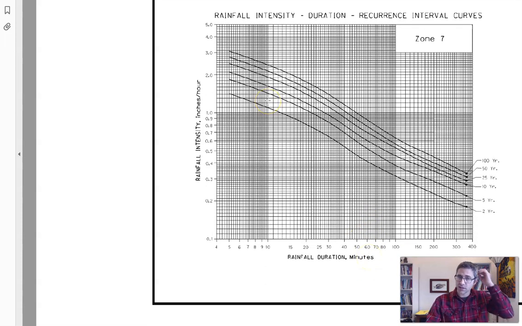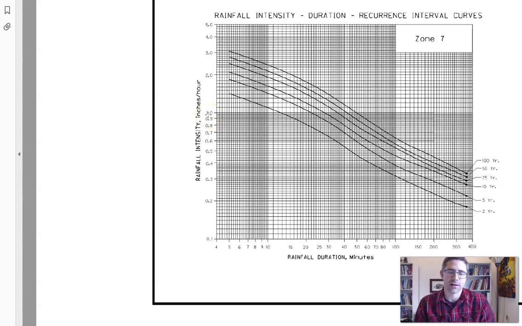This is an intensity, duration, frequency curve for zone 7. You can see the intensity on this axis, duration over here, and then these different frequency curves. So in order to get an intensity to use in the rational method, I'm going to calculate my time of concentration, find that time of concentration on this axis, look up to these curves for whatever return period I'm on, and then read off the rainfall intensity on this axis.